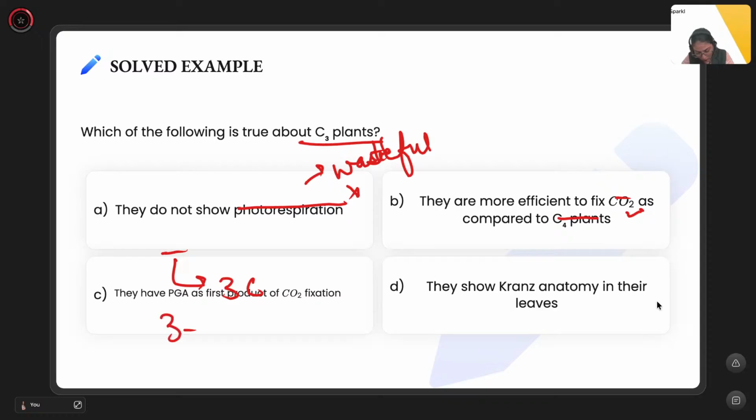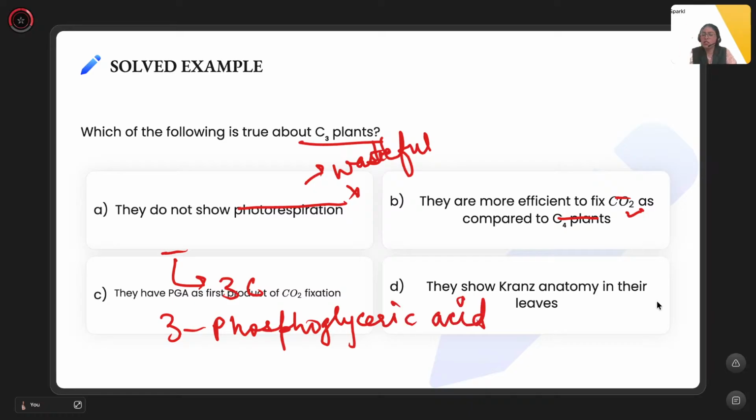PGA is 3-phosphoglyceric acid. Okay. Can you tell me what is the first stable product that you see in case of C4 plants? In C4 plants, beta, a 4 carbon compound is the first stable product, which is OAA, oxaloacetic acid. Clear?